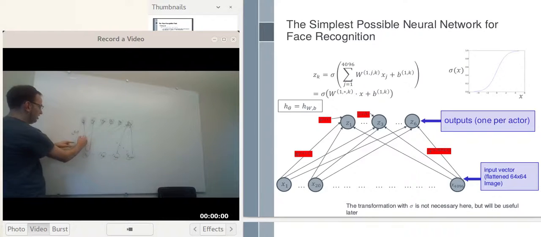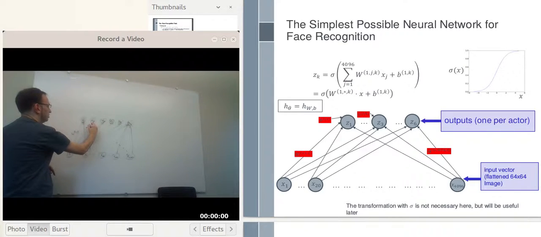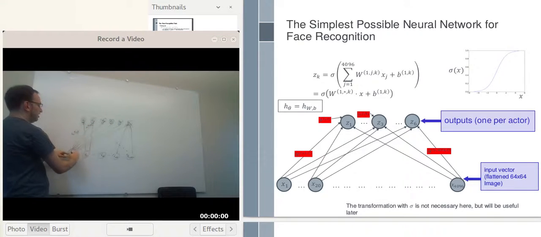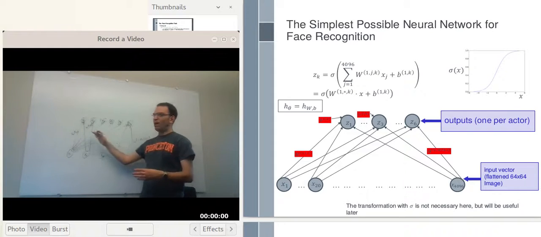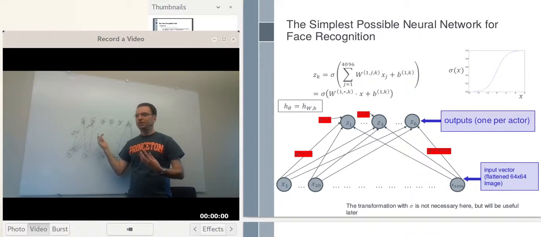And now this weight would be W112. This one is always going to be here. This one says it goes out of X1. This 2 says it goes into Z2. So this one, for example, would be W4096,6. Okay, so you have those weights. They're just numbers, right?